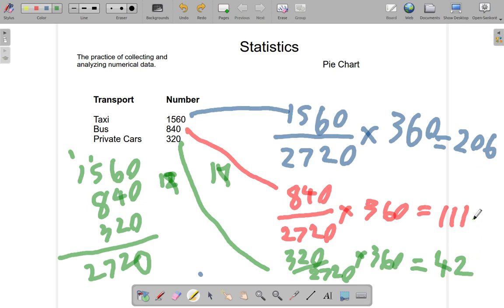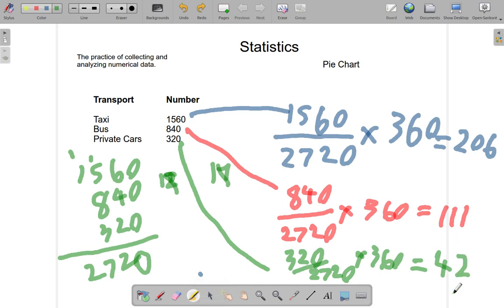I'm going to adjust one of these figures, because if I have 206 plus 111, that's 317. 317 plus 42 is what? 317 plus 42, I have 359. I want 360. Alright. So what I do is, let's not call this one 43.